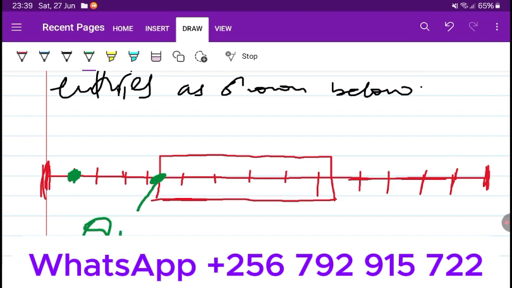Now, the third thing that we get is the second quartile, that is the median. It is within the middle here. Let's assume this is our median. Then this was our first quartile.